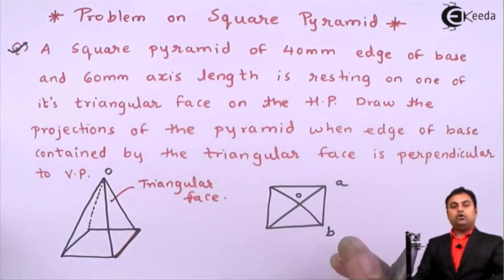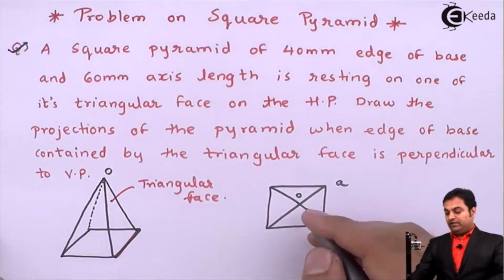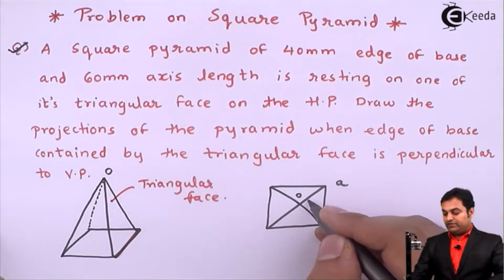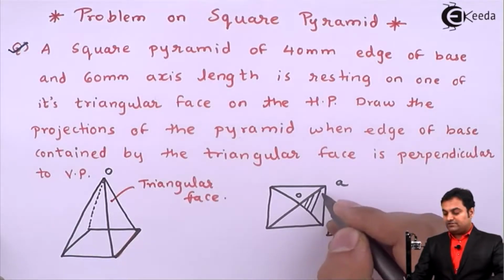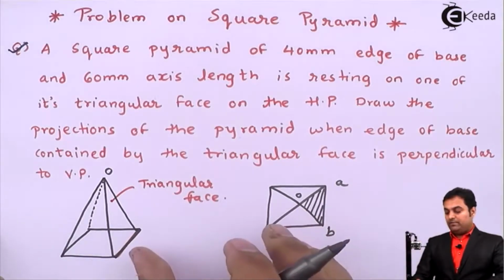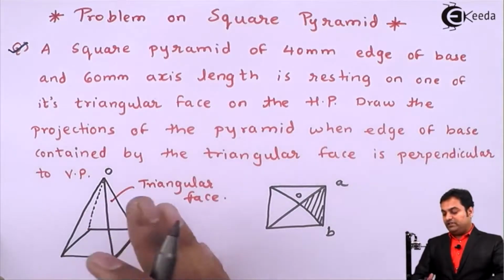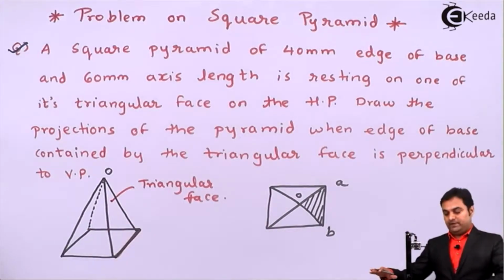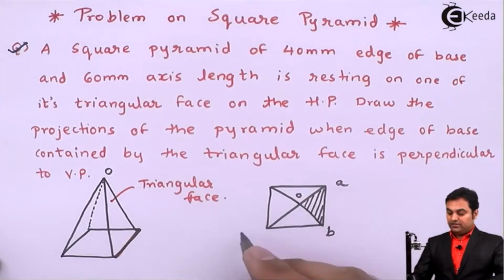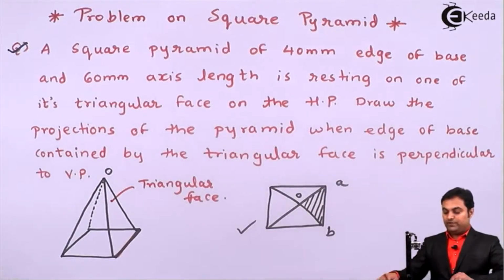If it is resting on its edge AB, then only it can be tilted about its triangular face. That is, this triangular face OAB will be tilted lying onto the HP. So the initial condition is to draw the square pyramid in this way.